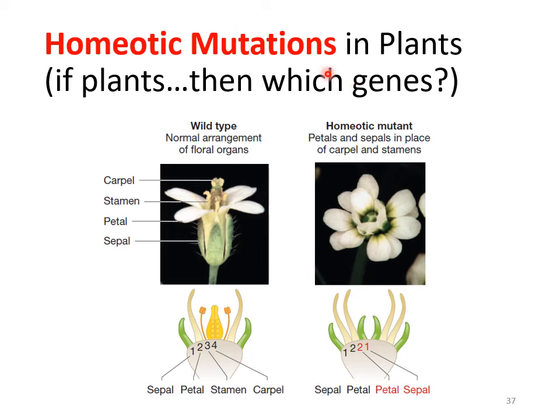And an example of this is you look at a regular wild type flower and you see that there's a stamen and you have the carpel right there. In a homeotic mutation, you end up with flower parts in the wrong place. So notice you're supposed to have the sepal and the petals here, and then the stamen and carpel. In the homeotic mutation, where the carpel and stamen should have been, look, you have a whole bunch more petals and sepals where they're not supposed to be.